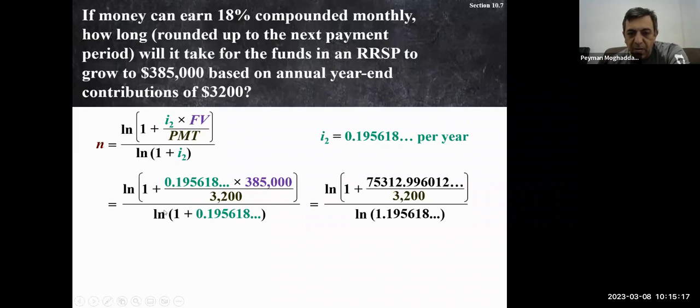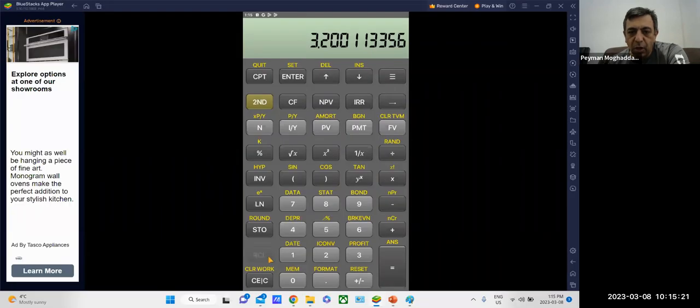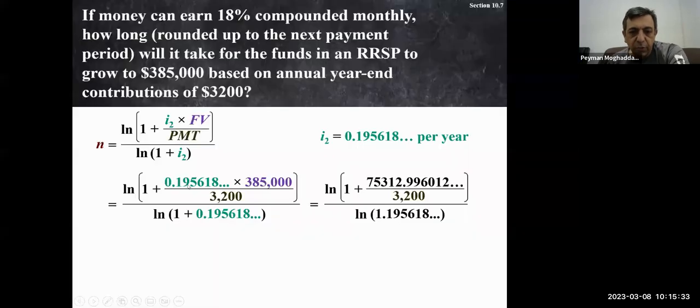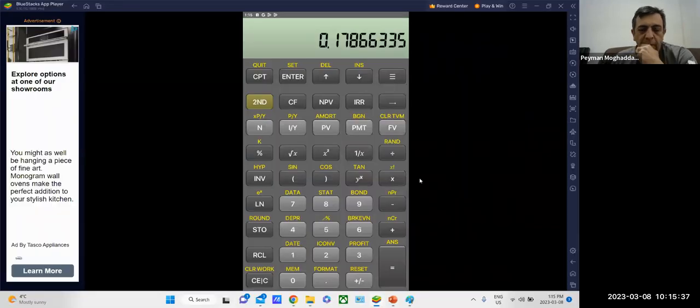And what's in the denominator? ln of 1 plus I2, okay? So recall I2, plus 1 plus I2. Now we get ln of this guy, okay? So that's going to be the denominator.